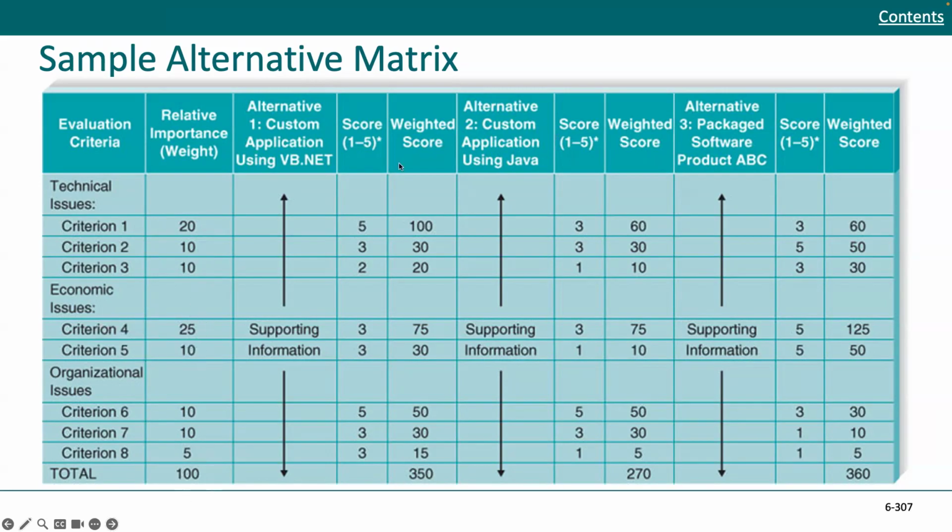And so we have 3 possible alternatives, and you can look at the relative scores, 350, 270, and 360. So this one out here is the one that scores the best. And so you have custom applications here, and then using package software. The package software for this case actually scores higher.